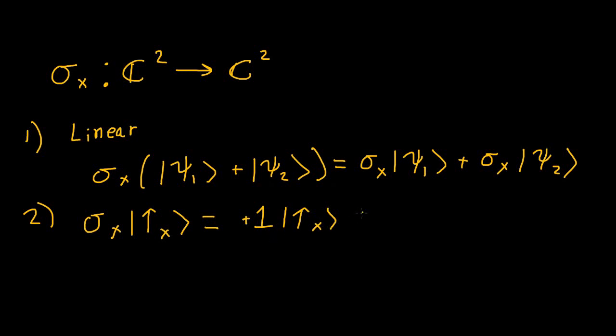And I could have just written this as the spin up state along the x-axis, but I just want to draw attention to that plus 1 out front, even though it doesn't really make too much of a difference. So that's how it acts on the spin up vector. And on the spin down vector, it's equal to minus 1 times the spin down vector. So I haven't told you what sigma sub x is. I'm just saying, let's say there were such an operator that had these two properties.